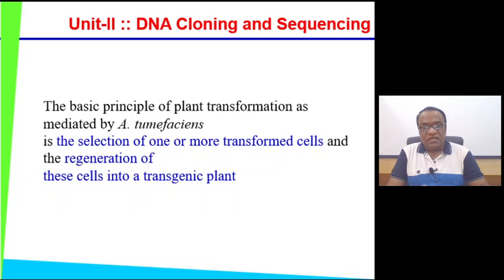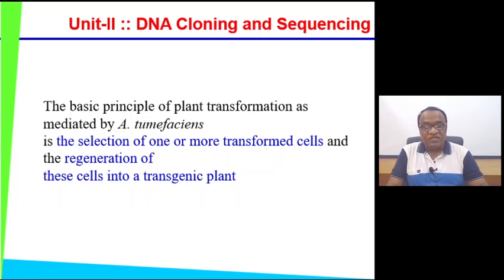It is one in which the non-transformed cells can regenerate in the selective medium. We expect that after successive cultures only the transformed tissues will regenerate and grow into transgenic plants, but there is a possibility that non-transformed cells can regenerate in the selective medium. This is referred to as leak occurrence.